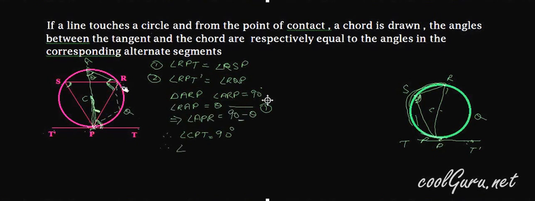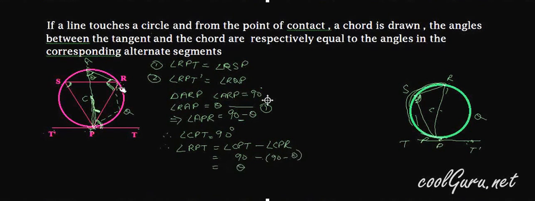Therefore angle RPT is actually equal to angle CPT, this angle, minus angle CPR. So this will be CPT is 90 degree and CPR is 90 minus theta, which comes out to be negative, negative, positive is theta.